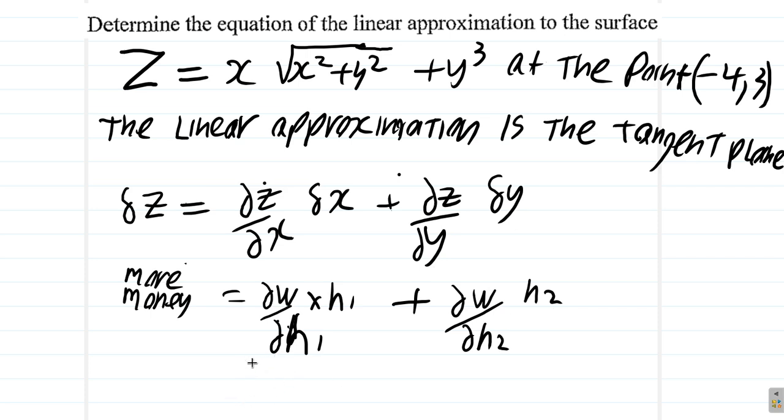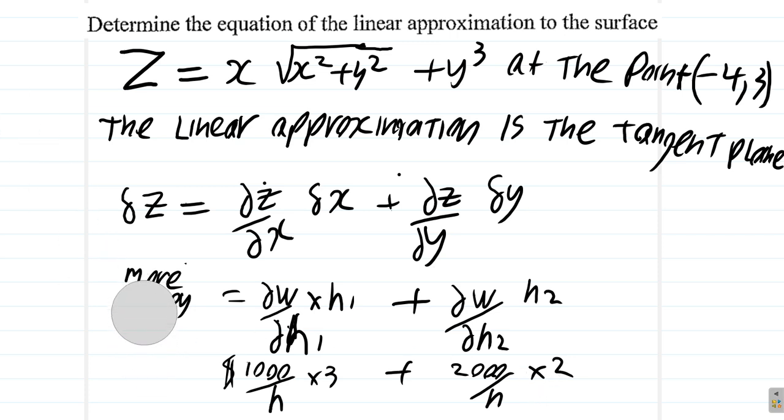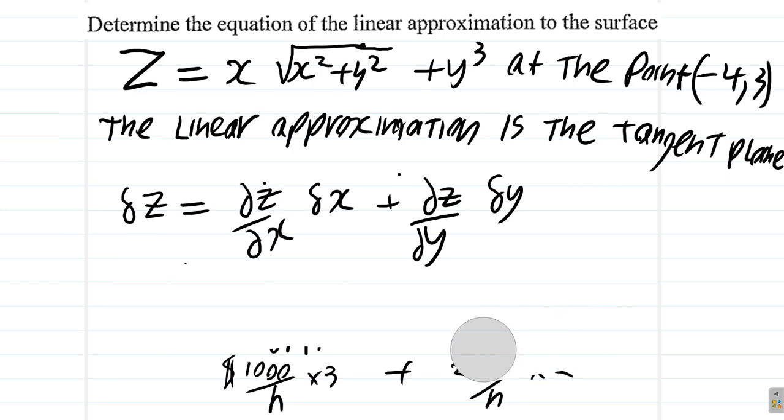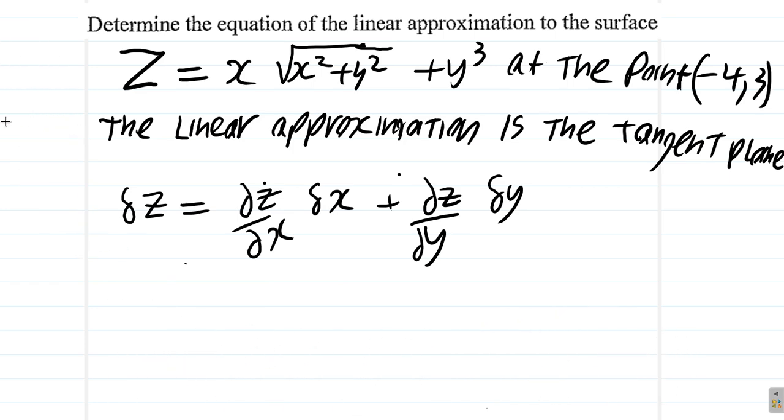So if you are paid $1,000 per hour, times 3 hours, that would be $3,000, plus the next contract for $2,000 per hour, times say 2 hours, that's $4,000, and so on, right? Very useful formula. So that comes in the tangent plane equation, right?